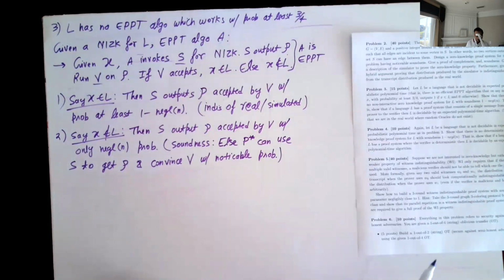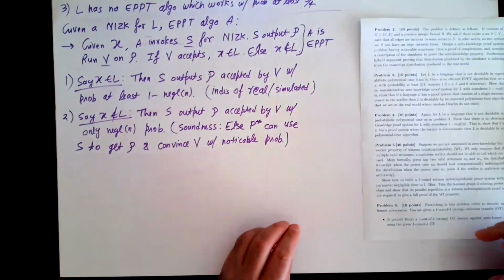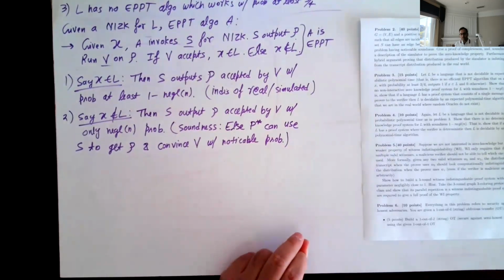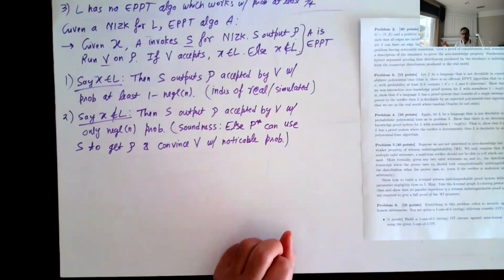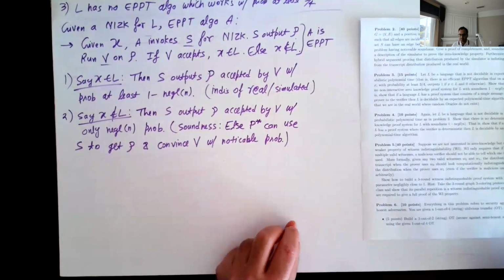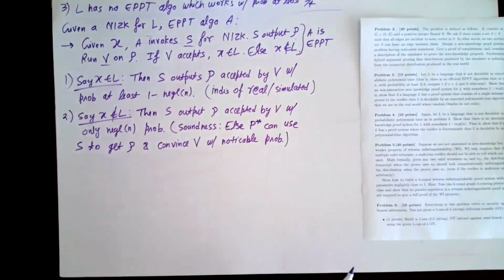Okay. So note that as we defined, the simulator only gives you a protocol transcript. The simulator is not supposed to give you what the verifier outputs. So that's why we are doing this. Isn't that part of the transcript?